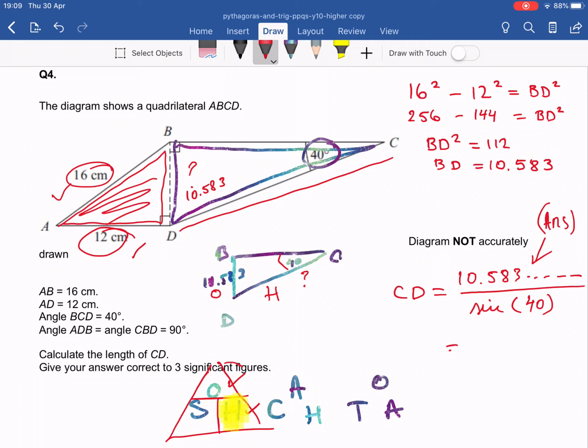I'm getting 16.46423 something. It wants 3 sig figs, so I have to stop here after the 4. The 6 is going to tell me that the 4 needs to go one up, so 16.5 centimeters, I'm presuming. Yes, that's right. And that's my final answer. And there you go.